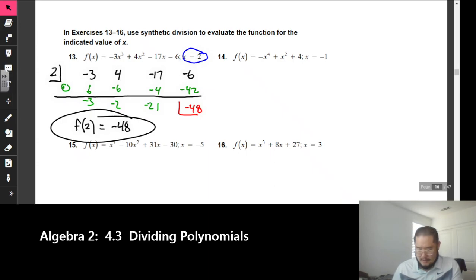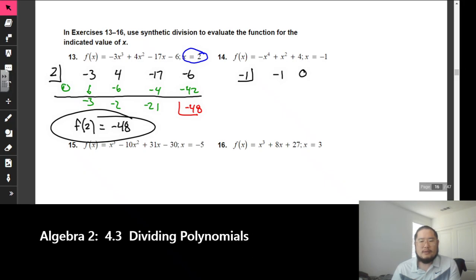One last one, number 14. So we'll start right here with -1, okay? Because this is not a binomial, it's what it is. And then let's put our coefficients down. -1 is the first one. What should come next? If you said 0, you are correct.